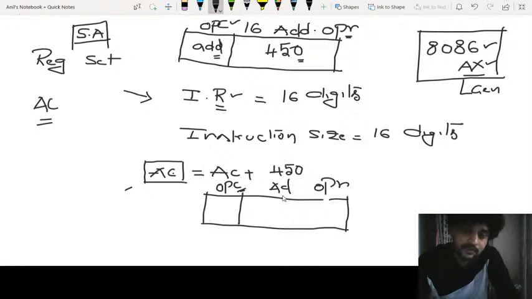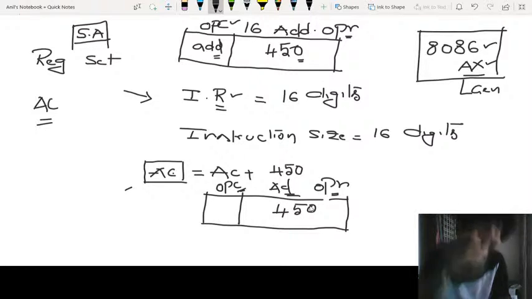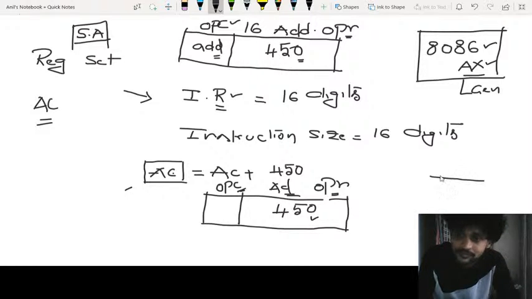Within the instruction, this operand field most of the time specifies the address of the operand which is available in the main memory. For example, if I say 450, 450 is not the direct operand. Rather, 450 is a memory location in which the actual operand is available.